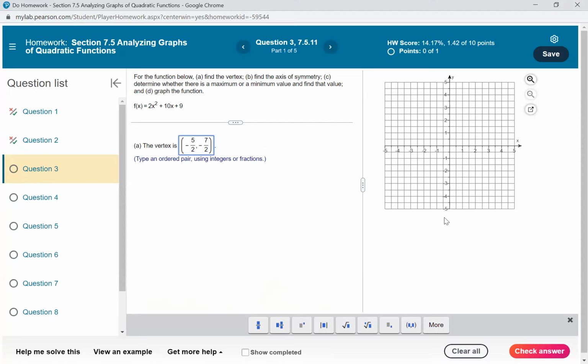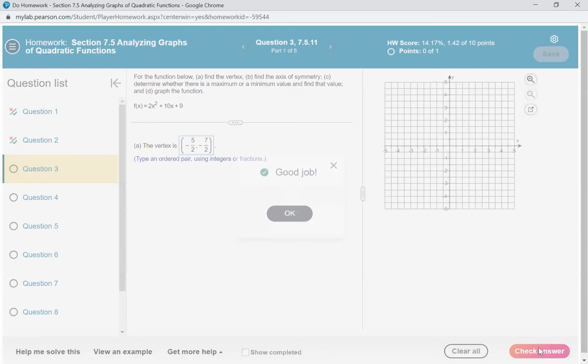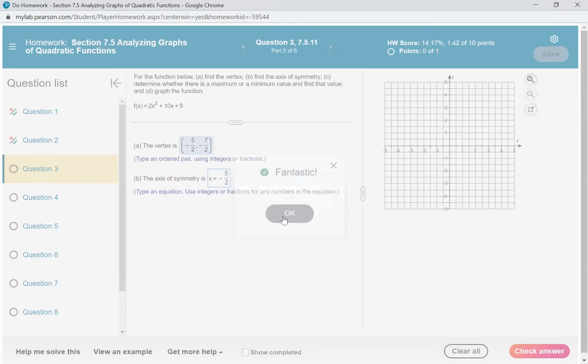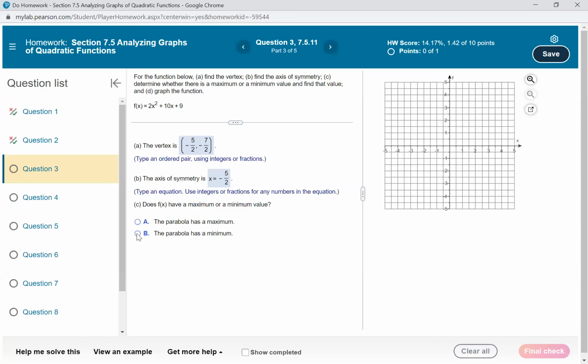So y'all, that's the vertex we came up with. So you're going to check that. Axis of symmetry, y'all told me was x equaled what, negative 5 halves. Check that one. We said it had a minimum.